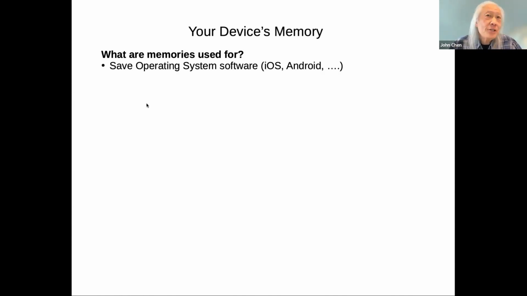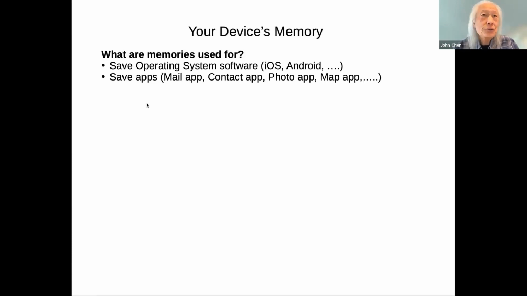First is the operating system for your phone or your tablet or your computer. And in this case, for phones, we're really looking at iOS for Apple phones and Android for Android phones. It needs a permanent copy saved on the device itself. It is also used to save apps.